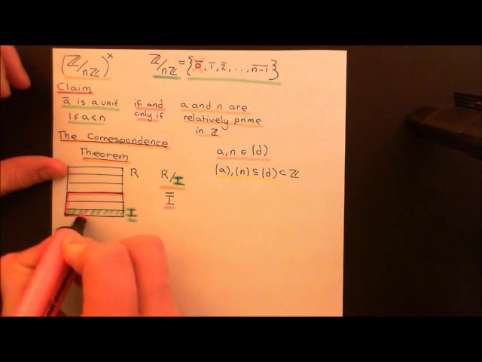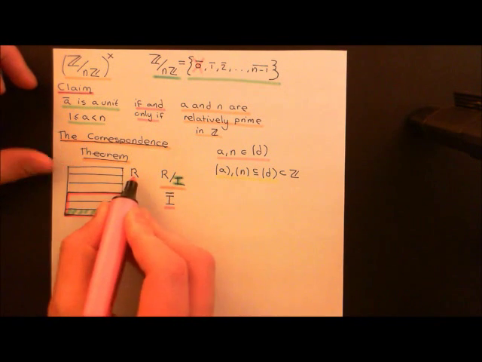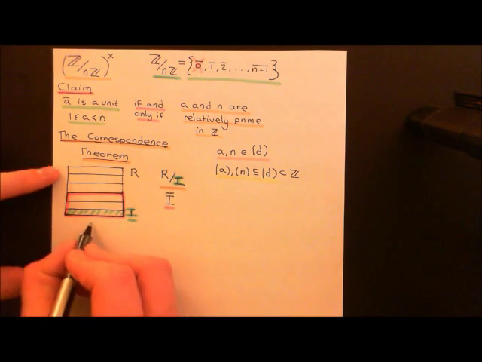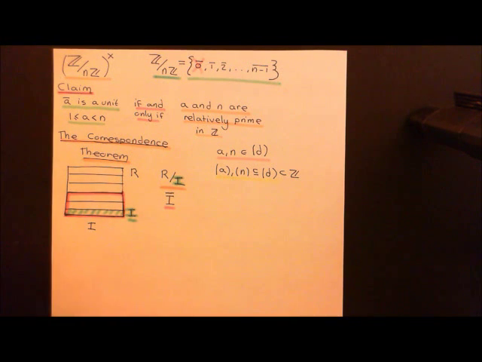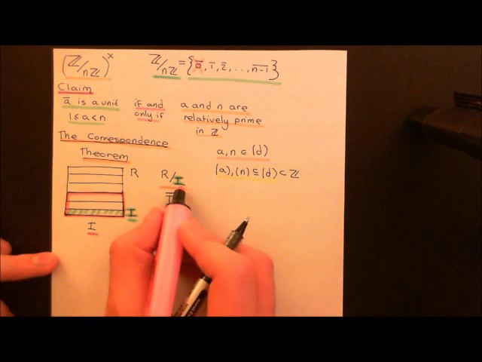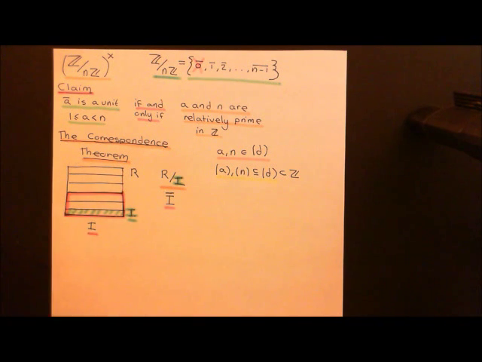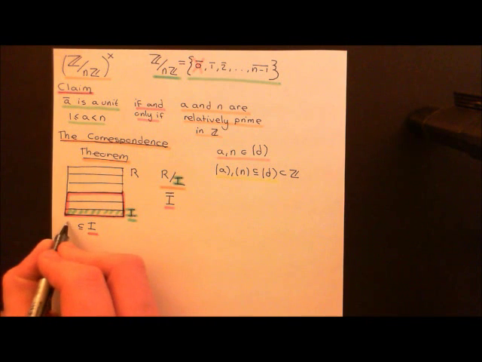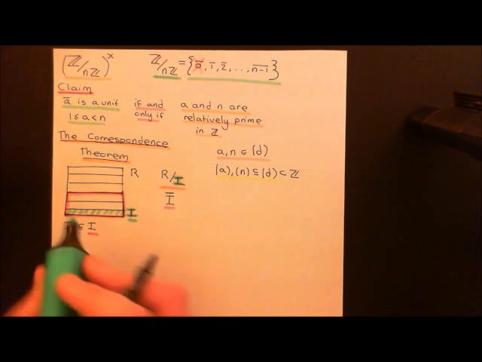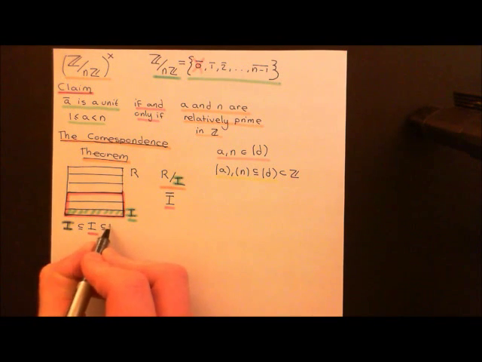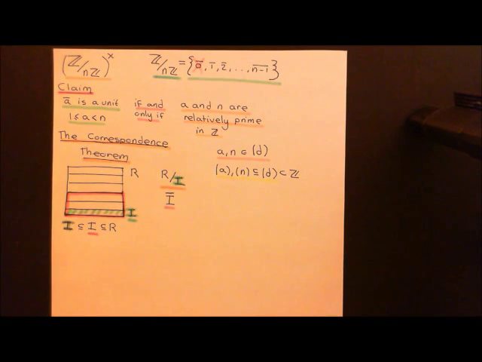So this might be the corresponding ideal of the initial ring, and as I say, it will have to contain the green ideal here that we quotiented out by to produce the quotient ring here, always. And we'll call this ideal now I unbarred. So every ideal in the quotient ring has a corresponding ideal back in the initial ring, which completely contains the green ideal that we quotiented out by. Okay, so I'll put it in there, and which itself is obviously contained in the initial ring capital R.